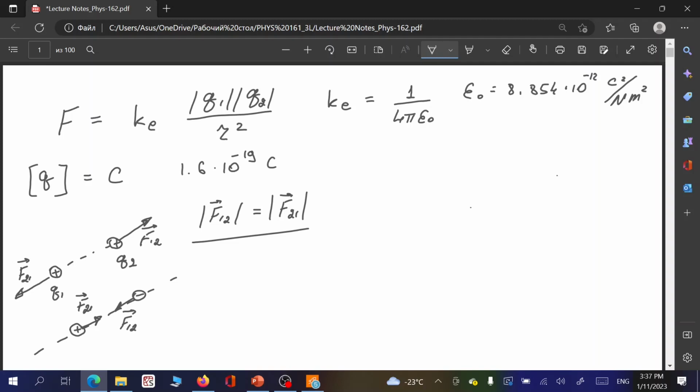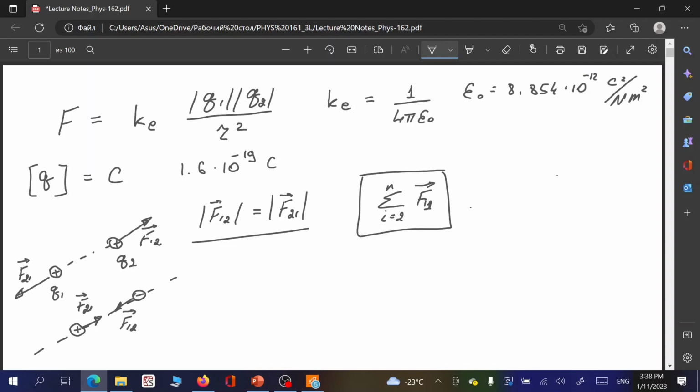So we can write that it should be defined as the sum for all charges around the given charge. We will start from i equal 2, because i equal 1 is the given charge, and take all forces exerted from these charges on charge number 1. That will be the net electric force exerted on this given charge of our interest.